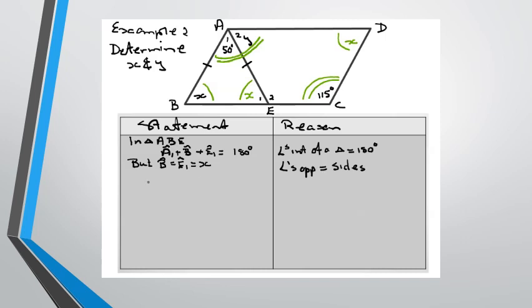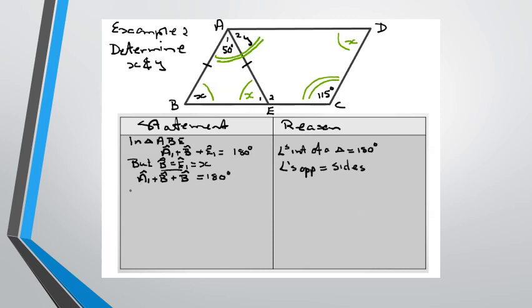Now, I must replace that information now. So I'm interested in this part here. So I'm going to say angle A, therefore, angle A1 plus angle B. And now in the place of E, I'm going to replace it. Angle E becomes now also an angle B, equals 180 degrees.